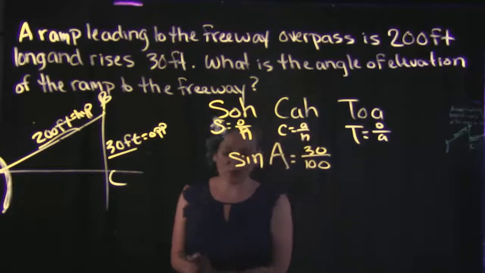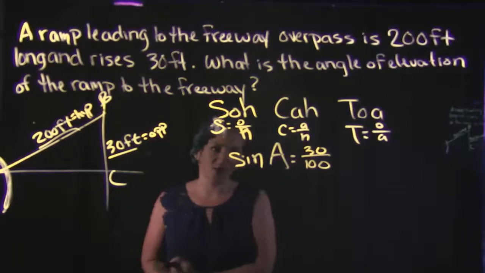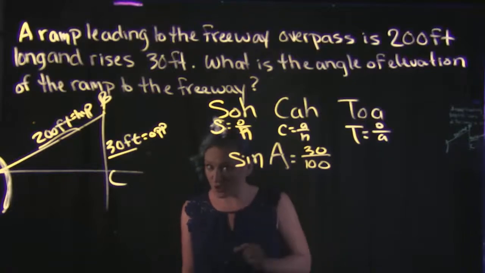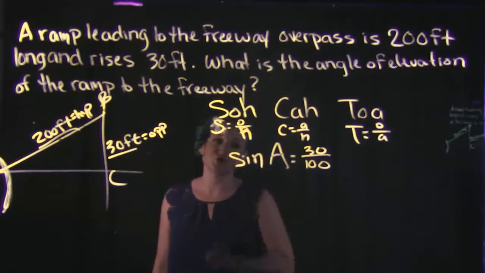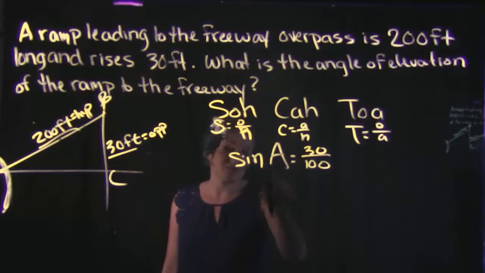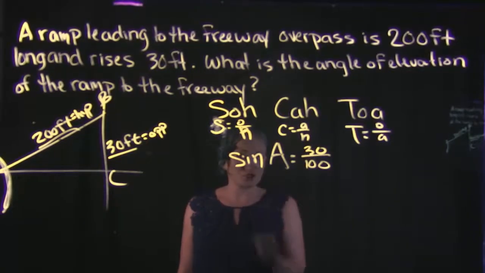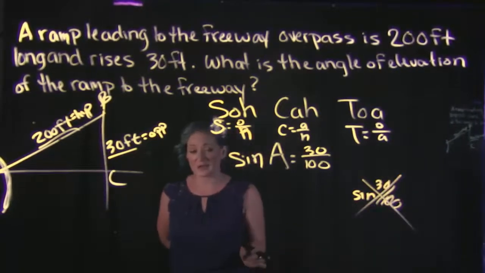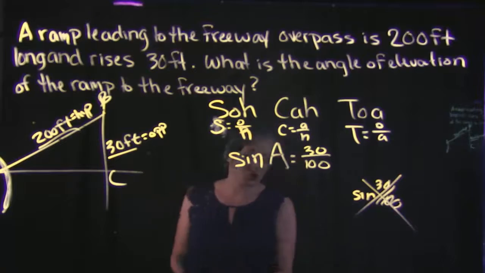So we can type this directly into the calculator. Now, keep in mind, we don't want sine of 30 over 200. That's not what we're doing here. We are solving for this angle. And if you typed into your calculator sine of 30 over 200, this would not be correct. This is not the function that you're doing.